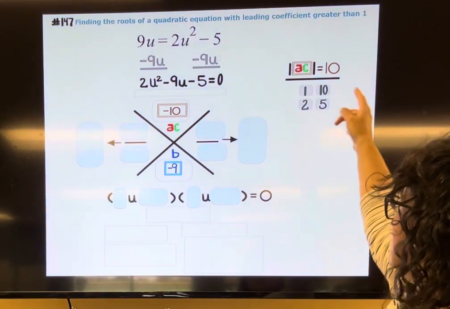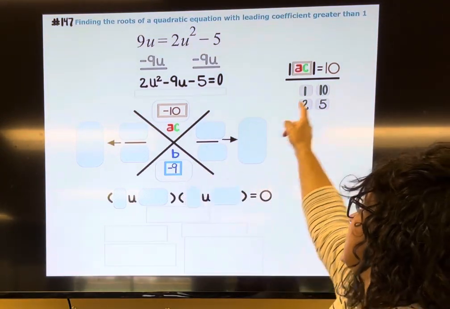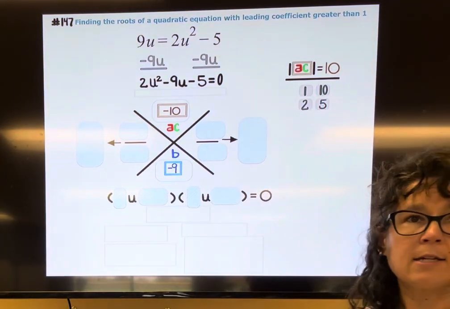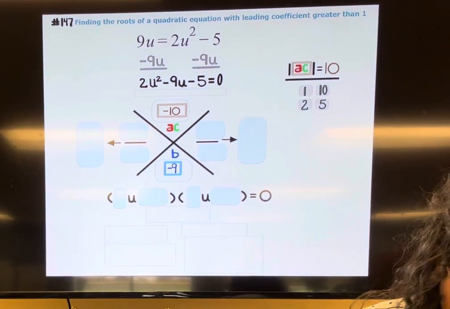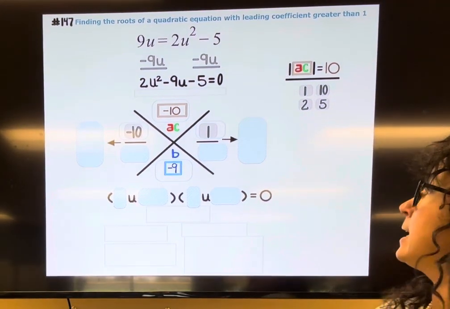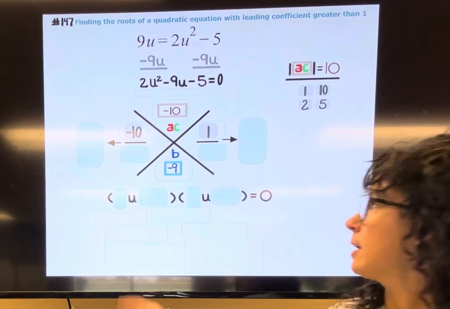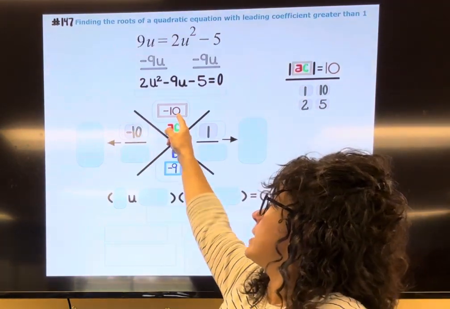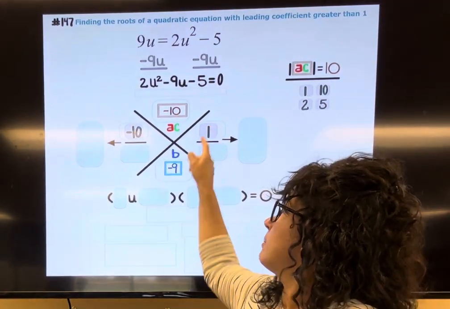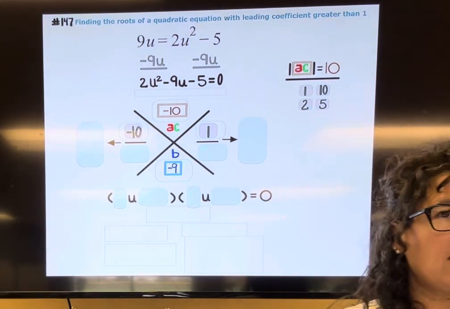So which ones are going to help us get to 9? That's going to be 1 and 10. So I'm going to have negative 10 and positive 1. One more time, negative 10 times 1 is negative 10. Negative 10 plus 1 is negative 9.